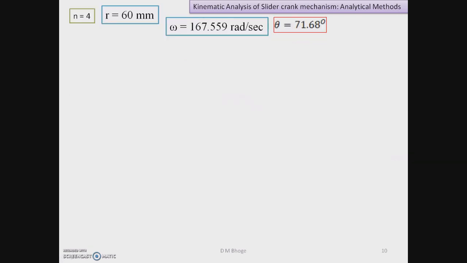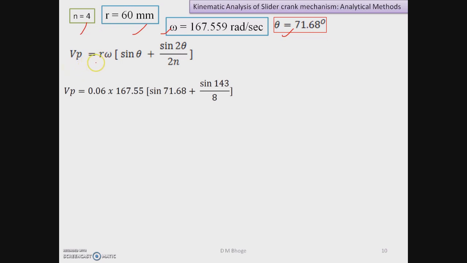Now we will use this value of theta to find the linear velocity and acceleration of piston. So now we have n equals 4, r equals 60, omega equals 167, and theta equals 71.68 degrees. So velocity of piston, by substituting these values in this equation, r is 0.06 meters, omega is 167, theta is 71.68, and n is 4, so twice n is 8.